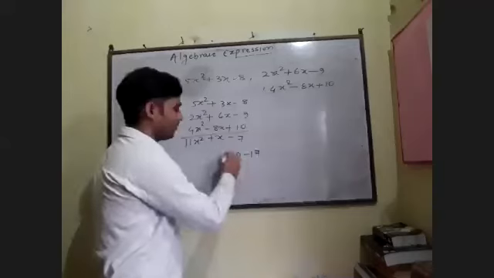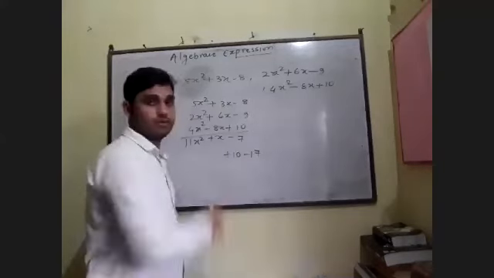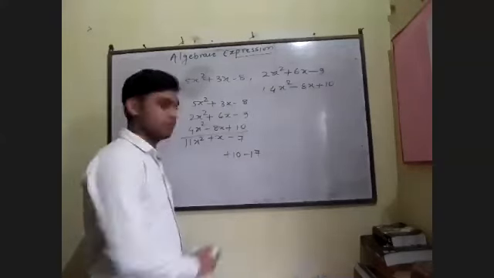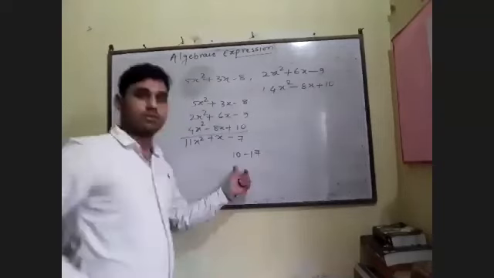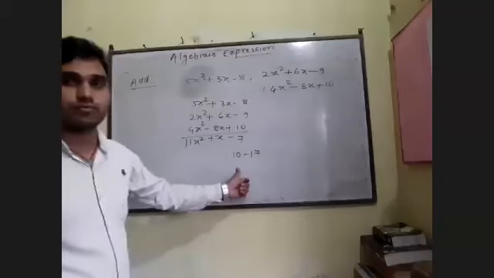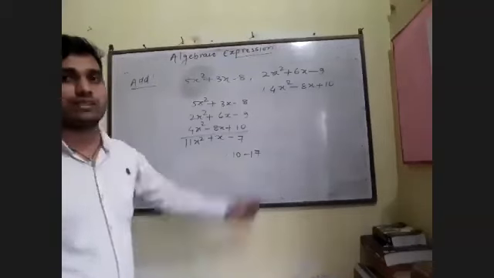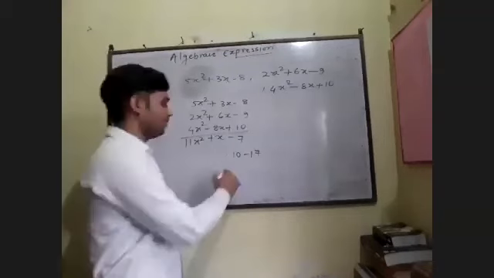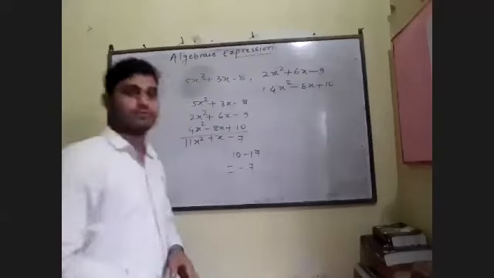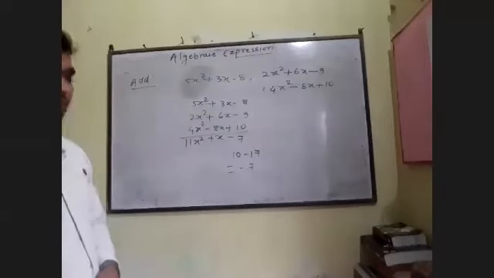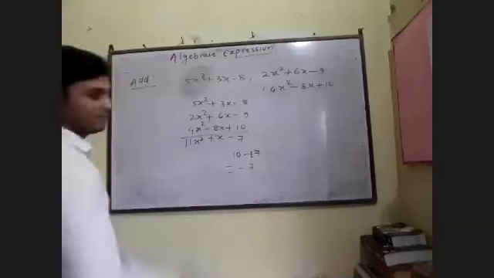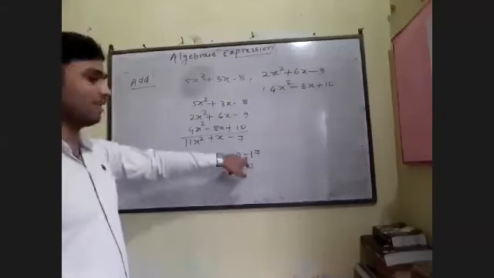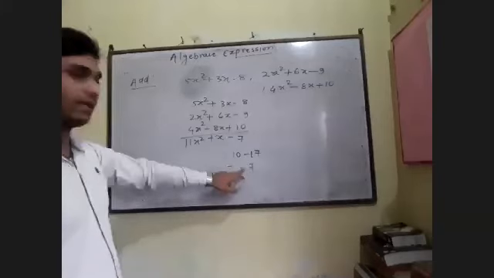Now plus 10 minus 17. What becomes? It becomes minus 7. We have to prefer the sign. Which one is greater? 17 is greater, and 17 has a negative sign. You have to write a negative sign here.